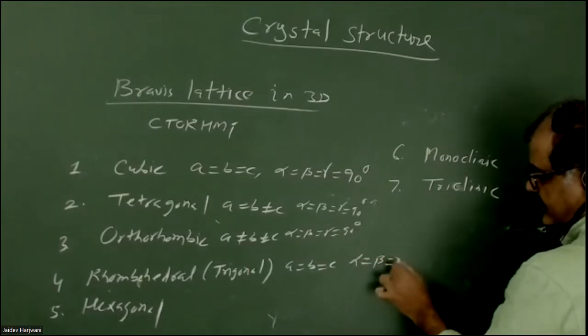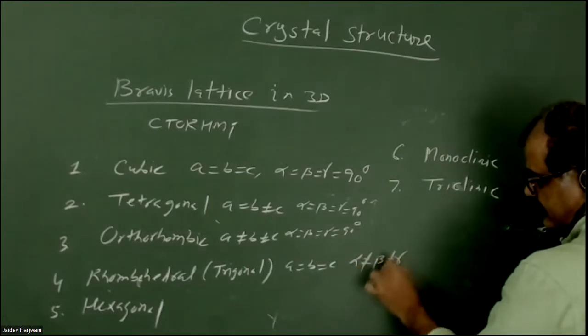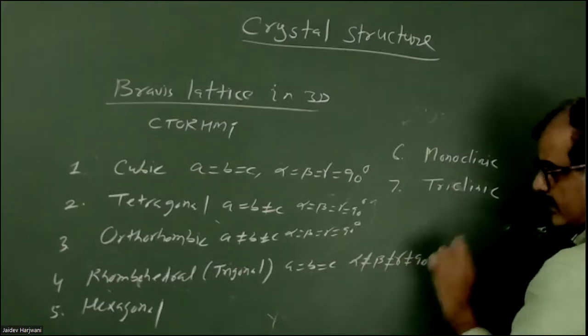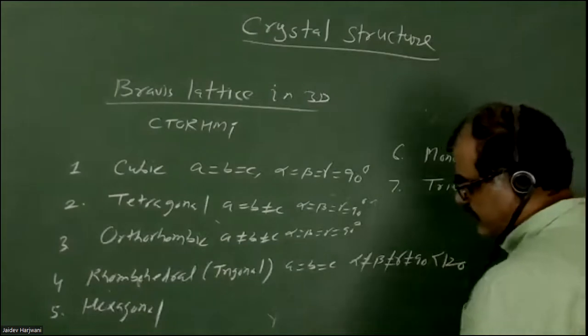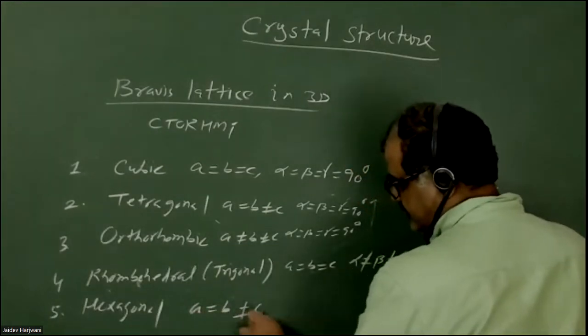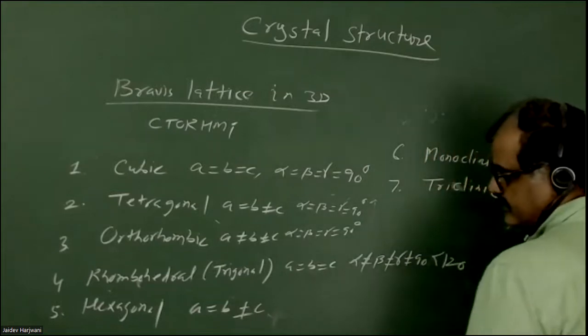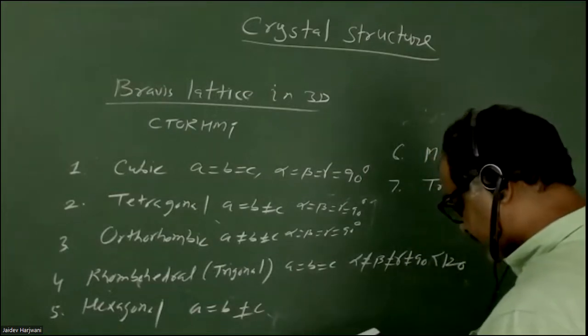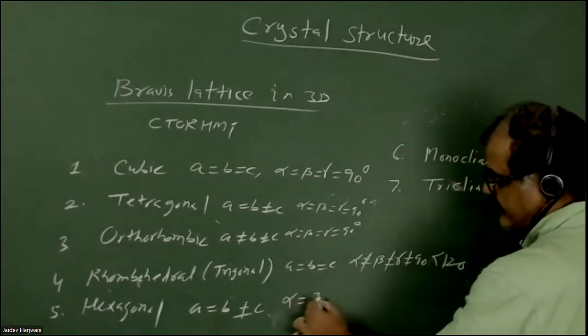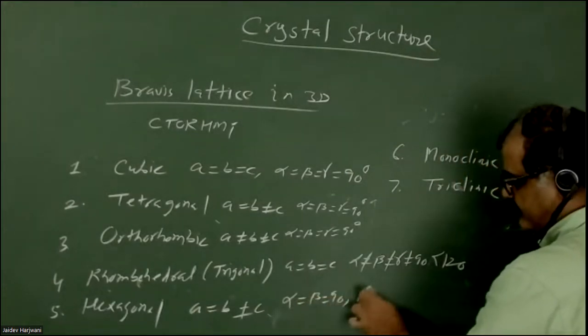They are equal to each other, not equal to 90, in fact less than 120. And in hexagonal, we have A equal to B, not equal to C, and एक एंगल 120 का होता है. So alpha, beta 90, gamma is 120.